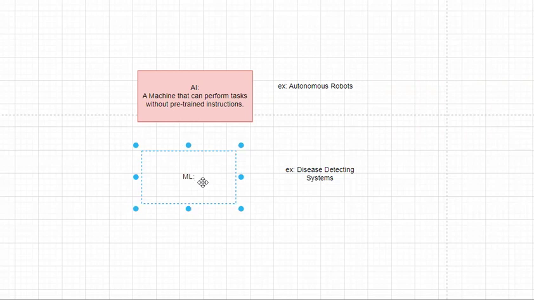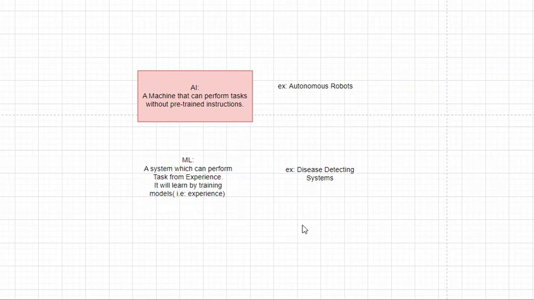That is ML. What is ML, sir? You can say ML is nothing but a system. What does it perform? It performs some task based on some experience. Here, what is the experience that you provided for the system, sir?